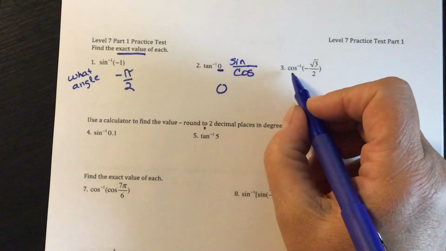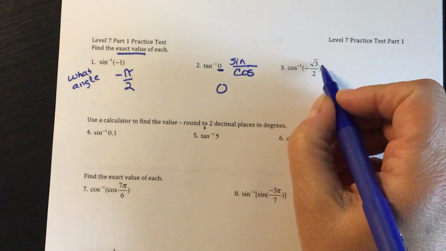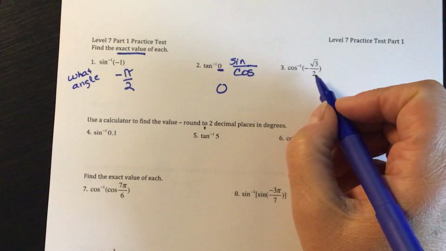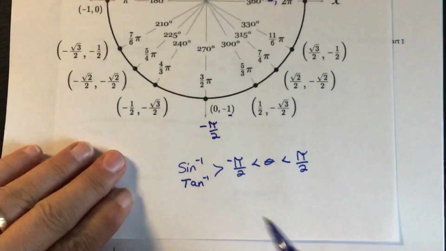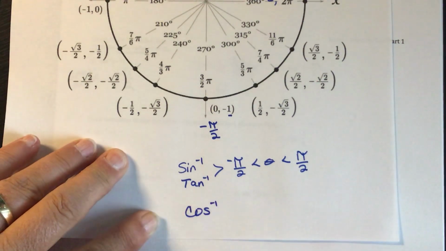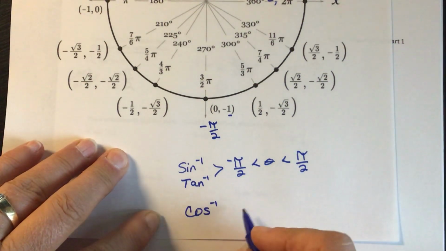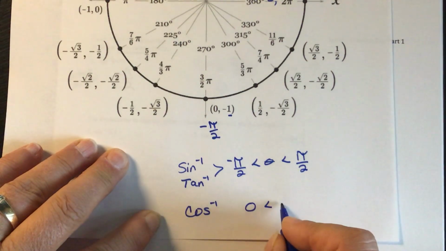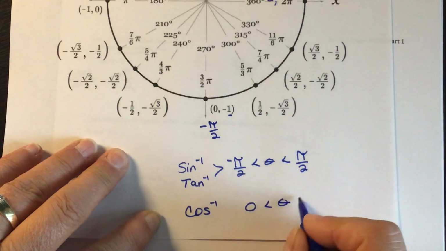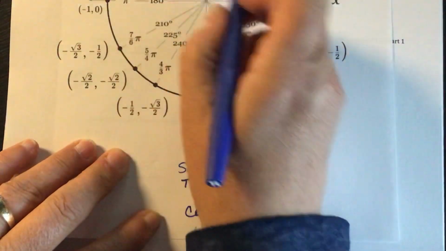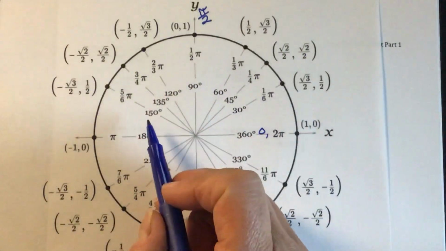Here we want to know what angle has a cosine of -√3 over 2. Now for inverse cosine, our domain is between 0 and pi. The angle has to be between 0 and pi, so it has to be in quadrants 1 and 2.